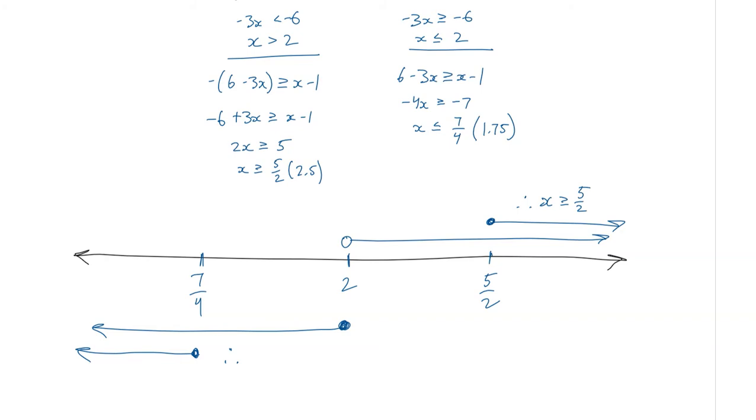Where do those two overlap? Starting at 7 over 4 and including it, very good. So x less than or equal to 7 over 4.